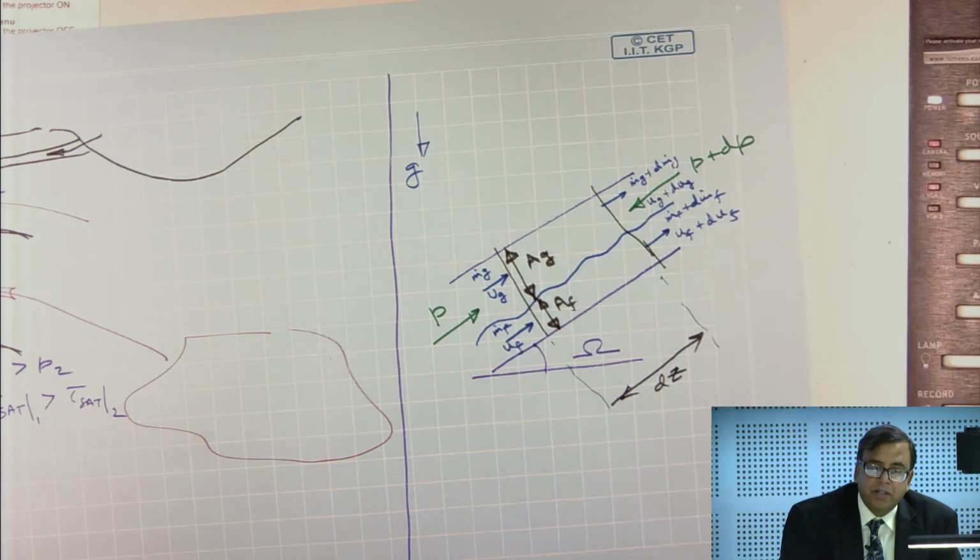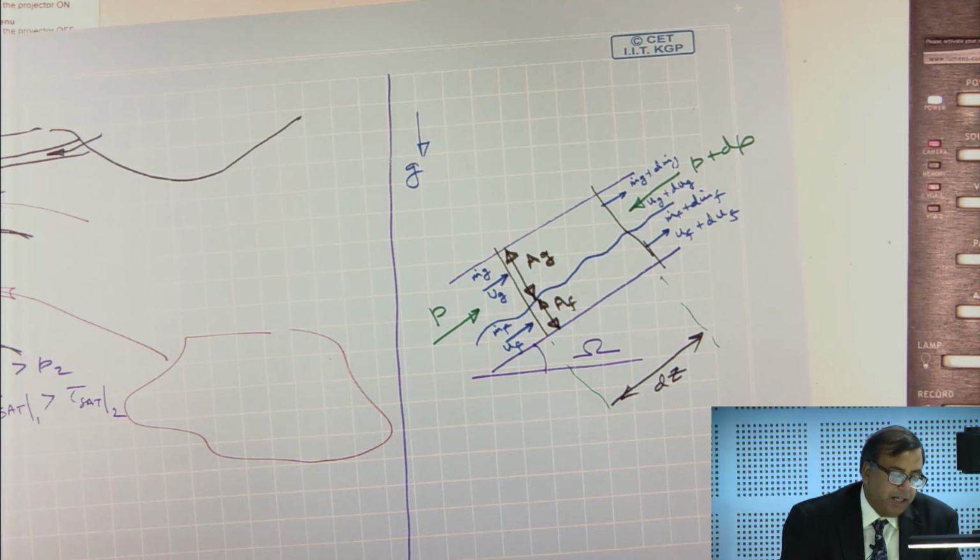So, you can see it is very similar to what you have seen in your undergraduate fluid mechanics, is it not? We do a similar kind of analysis. Now I am assuming that the area is not constant.